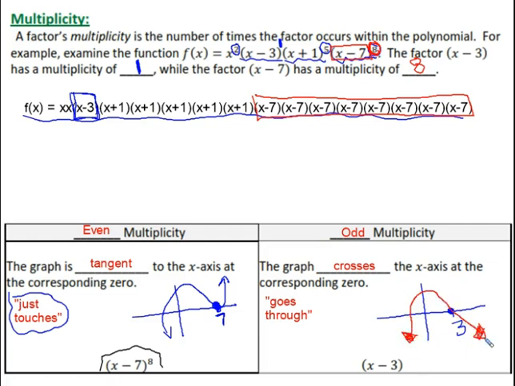It's actually going through that x-intercept because this factor's multiplicity was odd. So depending on the multiplicity, if it's even or odd, we know what the graph should look like at that particular x-intercept. Is it just touching the x-intercept, or is it actually going through that x-intercept?